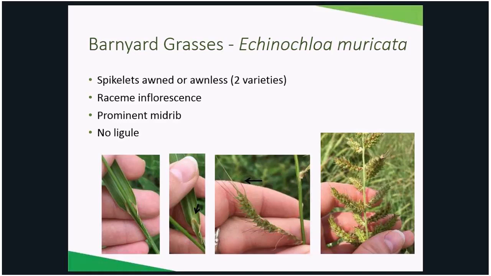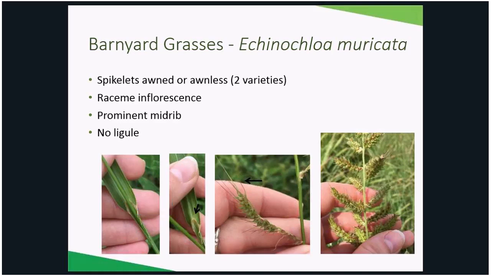But there is also a type of barnyard grass that does not have those awns. So if you find one that doesn't have the awns, how do you tell it's a barnyard grass? Well, a good clue is that it does not have a ligule. So I think almost all of the grasses we've talked about so far have had some type of ligule that we've noted, but this one very prominently does not have a ligule.